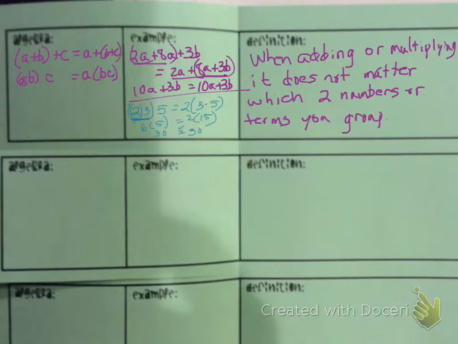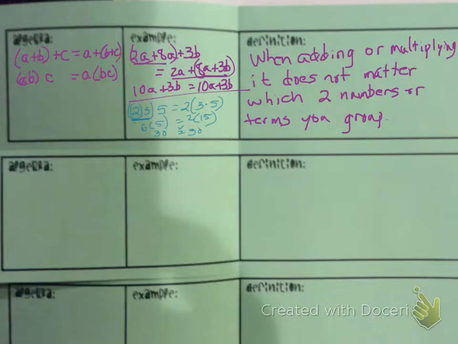Okay, so it's a grouping. It's used for grouping when you're adding and multiplying. That's what it's going to be used for. So it doesn't matter if you group the first two and then do the last one, or group the last two and then do the first one. Okay, so your grouping doesn't matter.